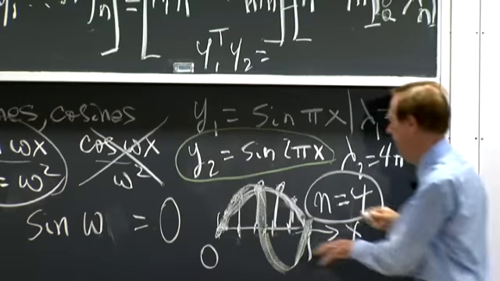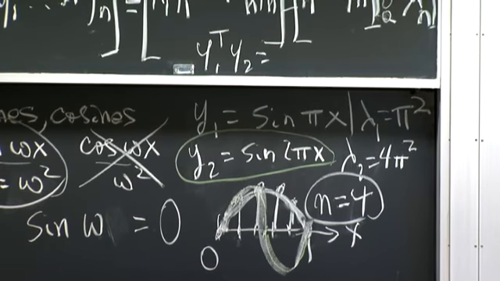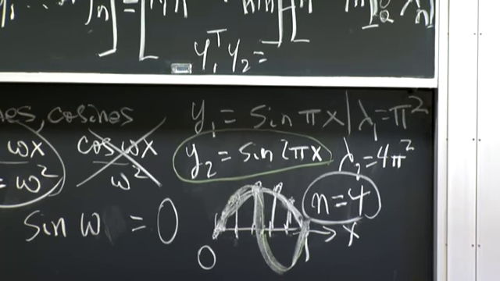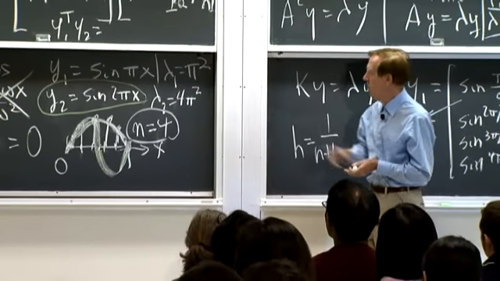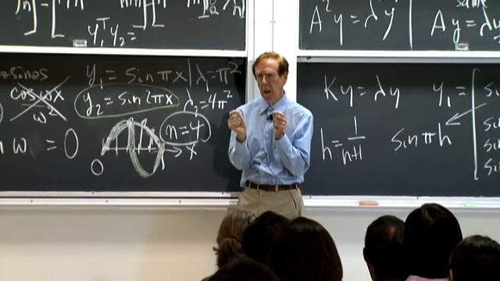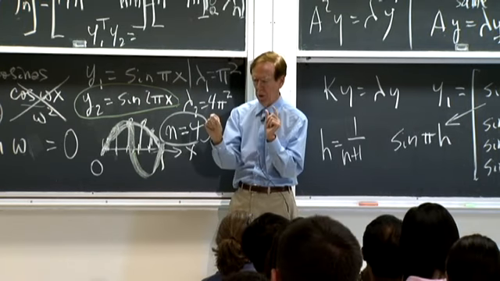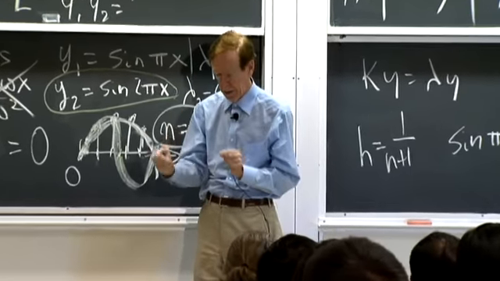But now I'm doing it for functions. I just want you to see the complete analogy. So for vectors, what did I do? If I take a dot product, I multiply the first component times the first component, second component times the second, and so on and so on.